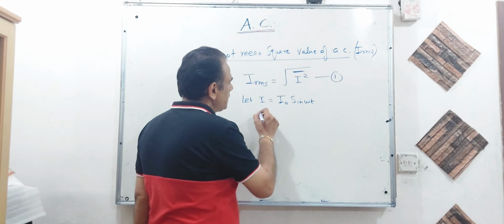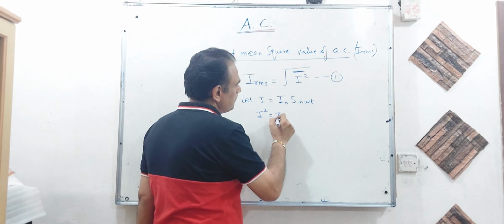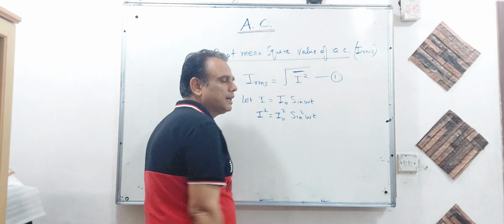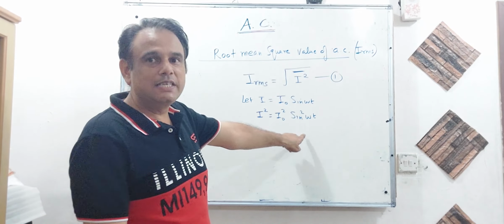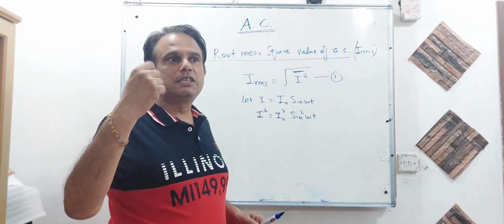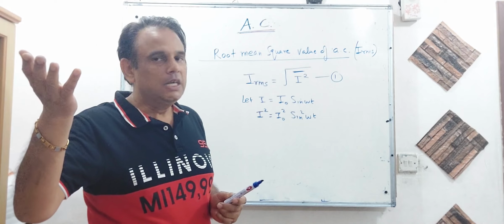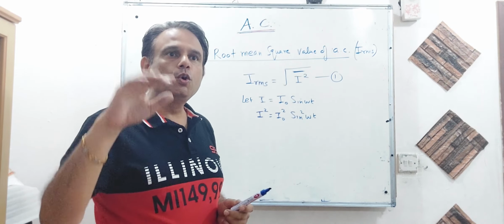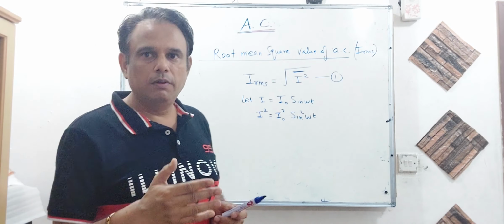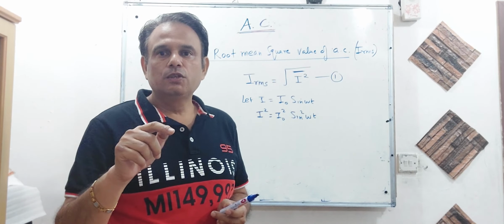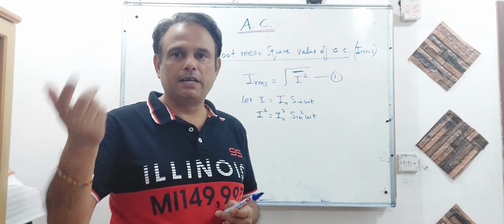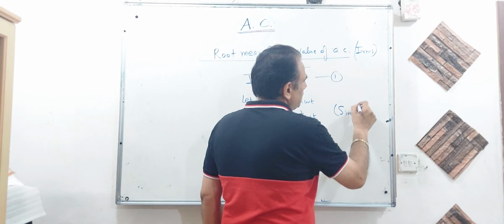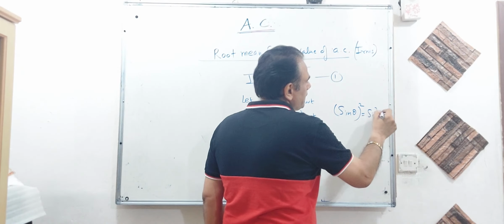So when you square, what will you get? I square equals I0 square sin square omega t. Some students ask me, why not sin square omega square t square? No children, omega t, as I told you before, is theta, an angle. You have learned in class 10 or lower classes sin square theta. When you do sin theta whole square, it is sin square theta.